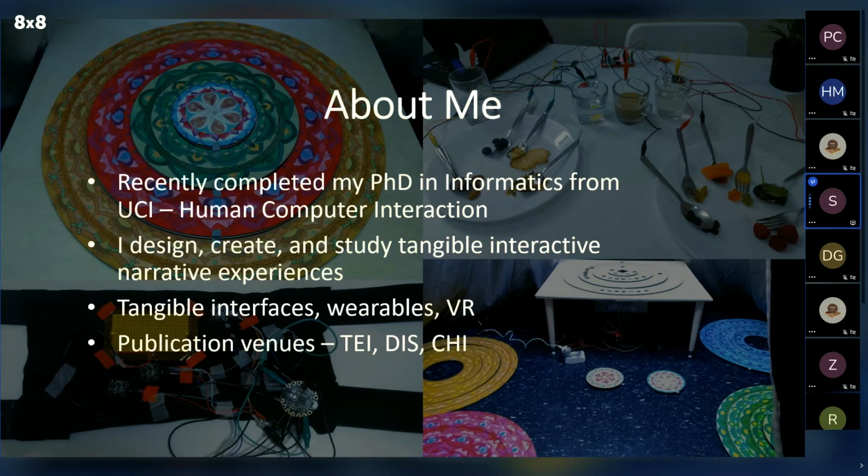And we'll come to what that is in a second. Basically, I design these experiences and then ask people to experience them, observe them, and then interview them, and then make the thing that I just made better. The things that I work with are tangible interfaces, wearables, and virtual reality. Some of my publication venues are TEI, which is Tangible Embodied Interaction, DIS, and CHI.